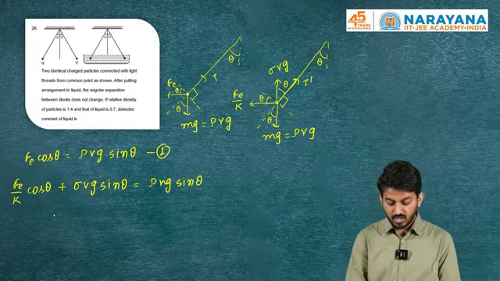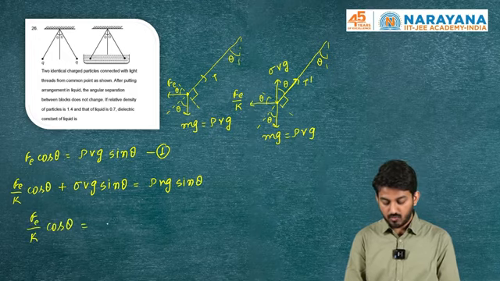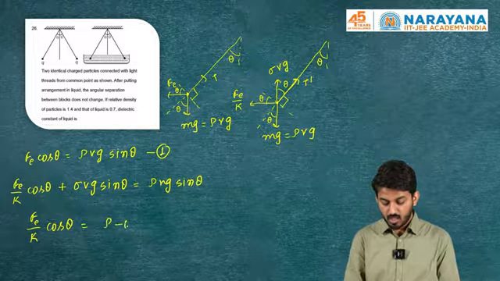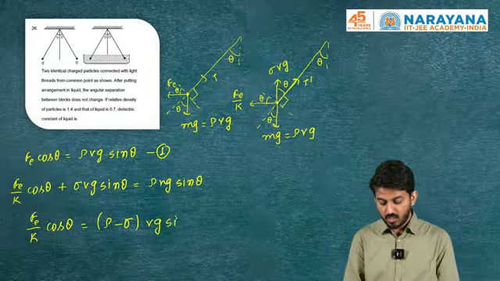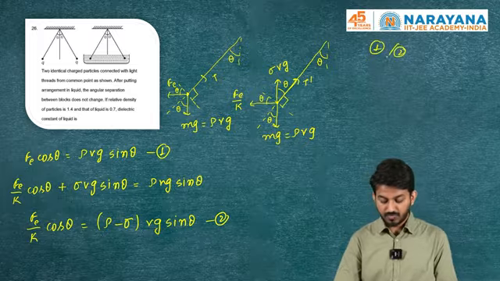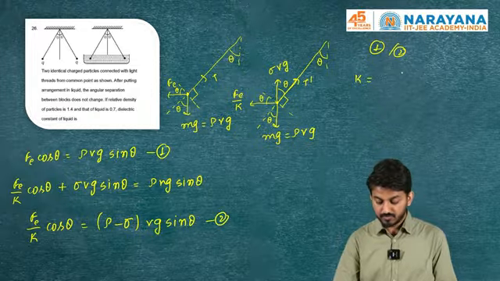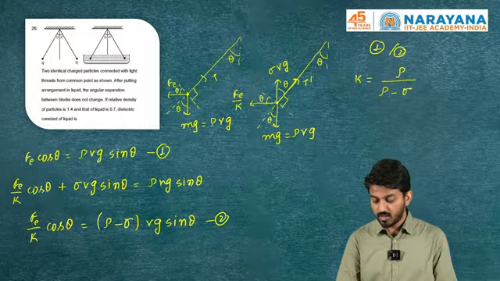We can rearrange to write this down as Fe by K cosine theta is equal to rho minus sigma Vg sine theta, giving us the second equation. Now dividing equation 1 by 2 gives us K is equal to rho over rho minus sigma.